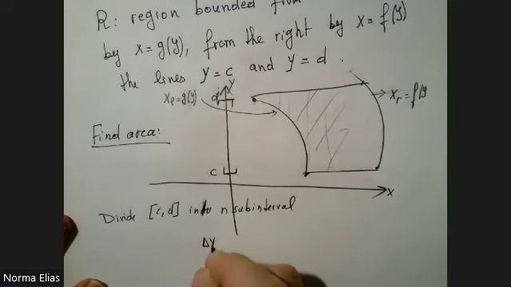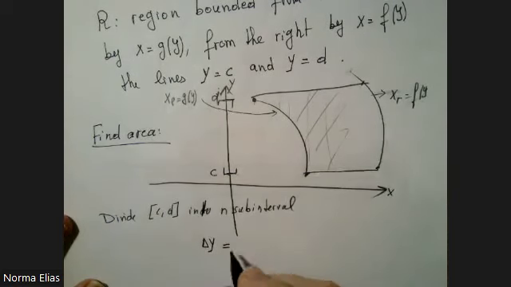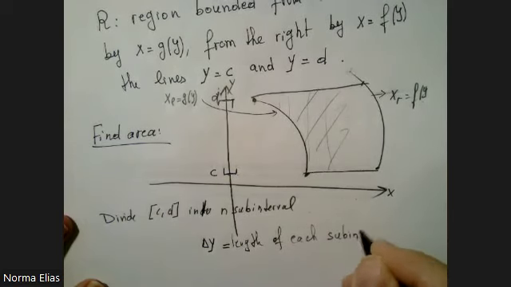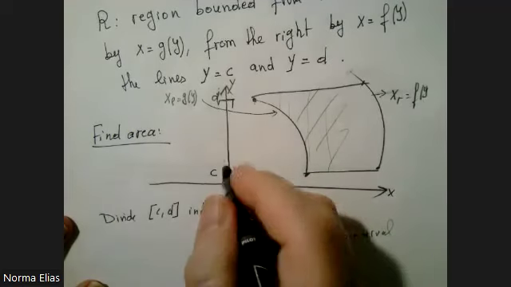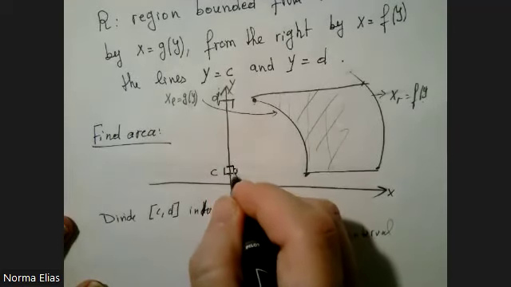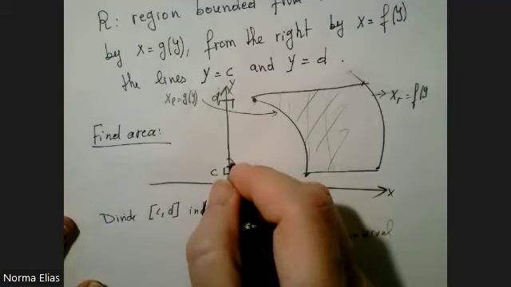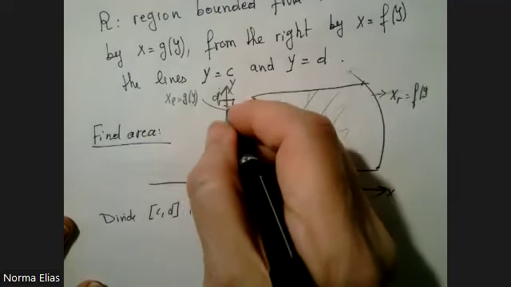I'm going to call delta y the length of every subinterval. So what's going to play the role of delta x of each subinterval? So delta y. So right now I have from here to here, delta y is not delta x anymore. So these are my subintervals.